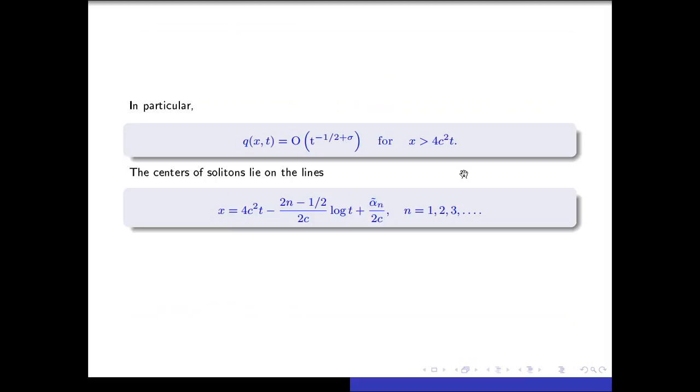And also we see that the centers of solitons lie on the following logarithmic lines. So solitons are supported in the vicinities of these logarithmic lines. Again we see that this logarithmic curve, which bounds our region, isn't that good a choice of parametrization. And each n describes a new soliton.